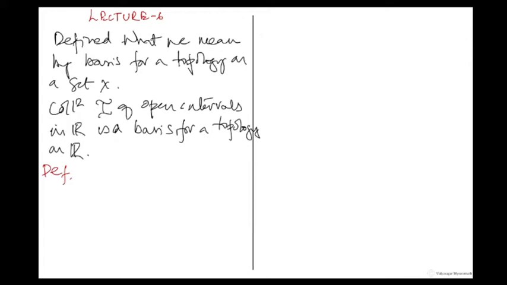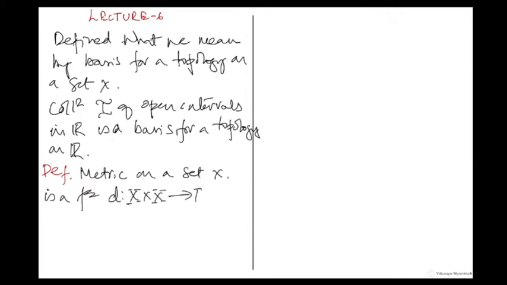So let me recollect what we mean by a metric on a set X. A metric on a set X is basically a function d from X cross X into the collection of all non-negative real numbers satisfying a few conditions.